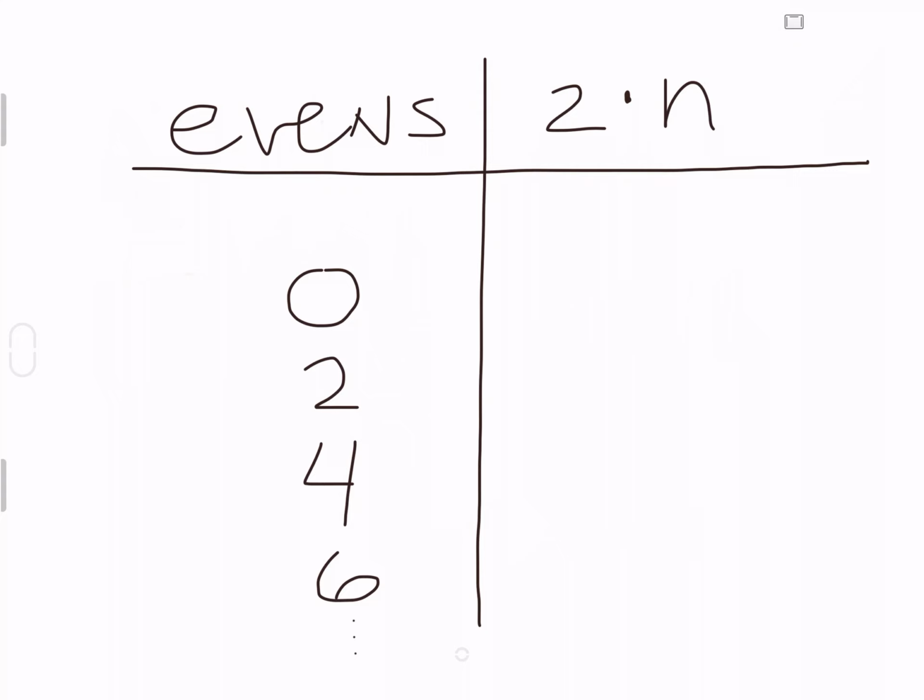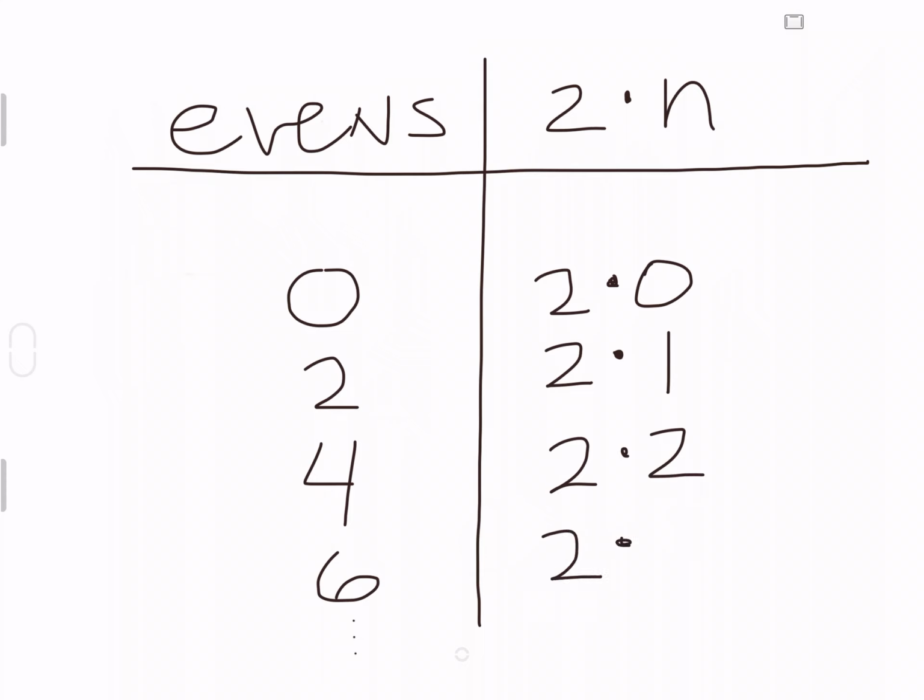Okay, so the thing to notice is that 0 is the same as 2 times 0. 2 is 2 times 1. 4 is 2 times 2. 6 is 2 times 3. 8 is 2 times 4. 10 is 2 times 5.